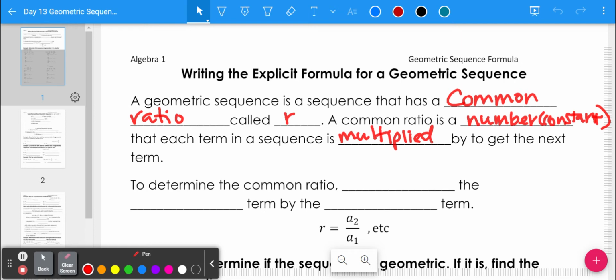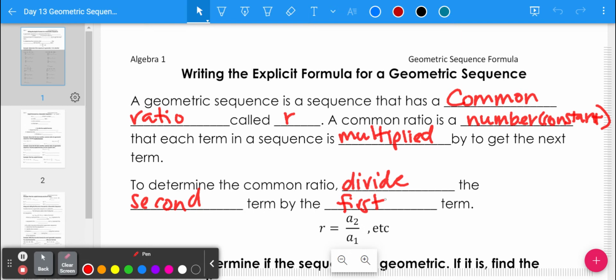So to determine the common ratio, we want to divide the second term by the first term. So just like in an arithmetic sequence, how I told you to subtract the first one from the second, so it'd be A2 minus A1, A3 minus A2, A4 minus A3.